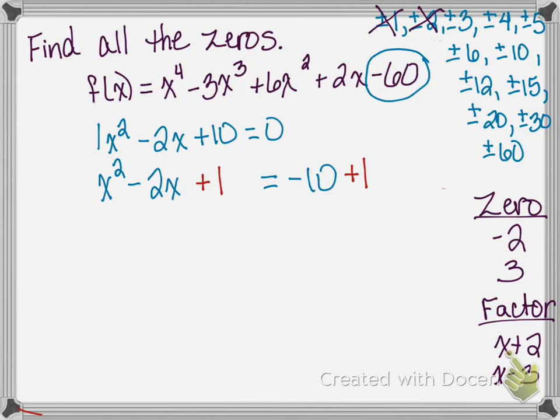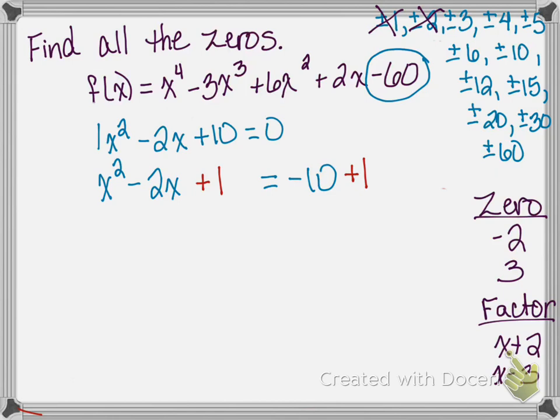When I'm trying to get it to the vertex form, I'm only dealing with one side of the equation. So I have to keep everything equal on one side. So at that point, I would add 1, and then I would subtract 1. But that's not what I'm doing here. I'm able to use both sides. So when I'm able to use both sides of my equation, then I just add the same thing to both sides. And that's what I've done here.